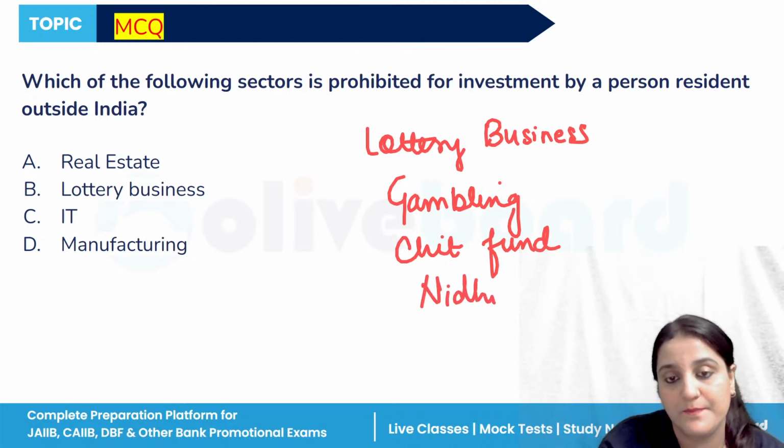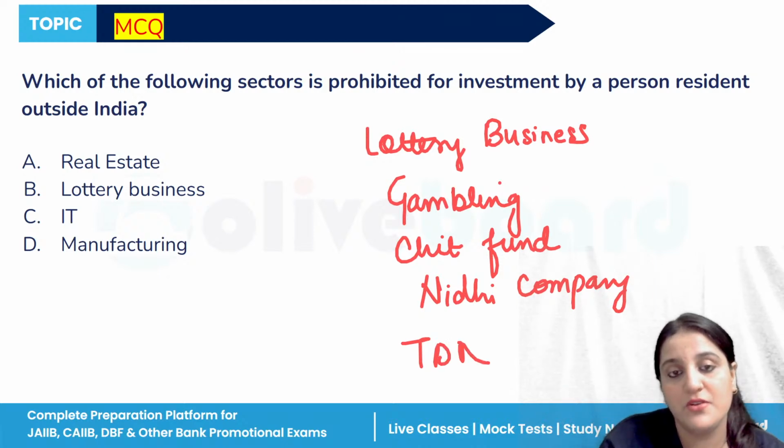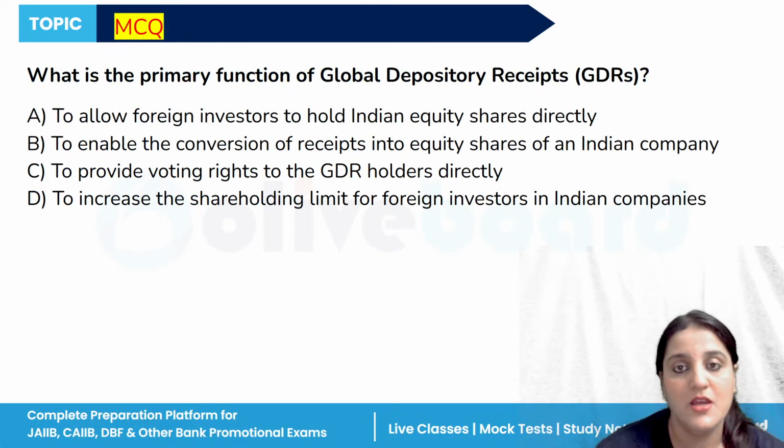Also Nidhi companies and TDRs. So among the given options, lottery is the correct answer.